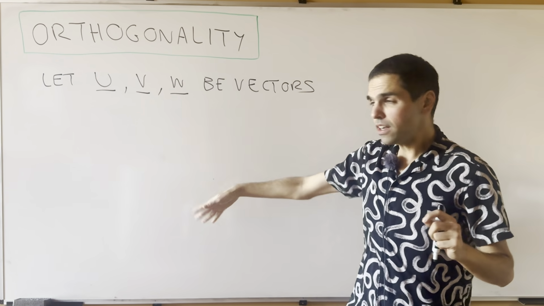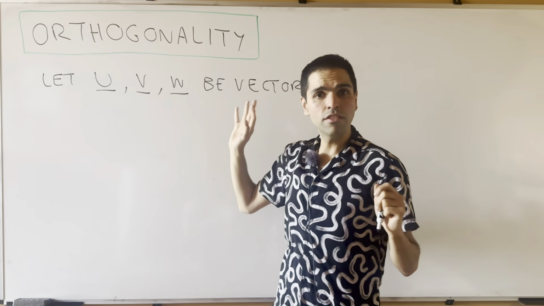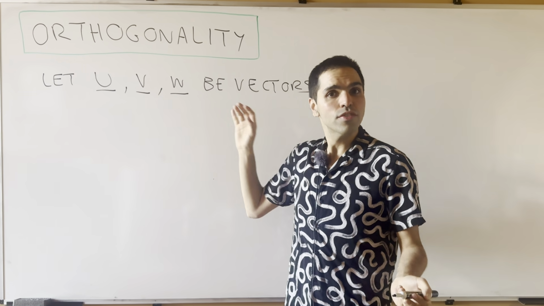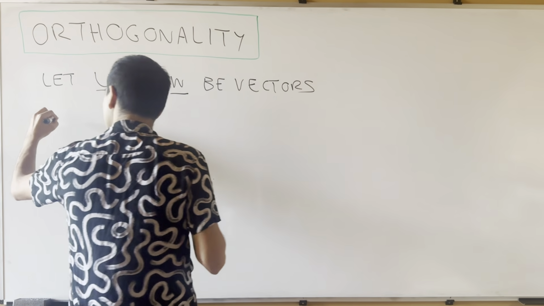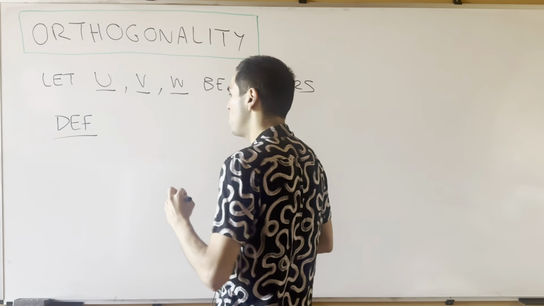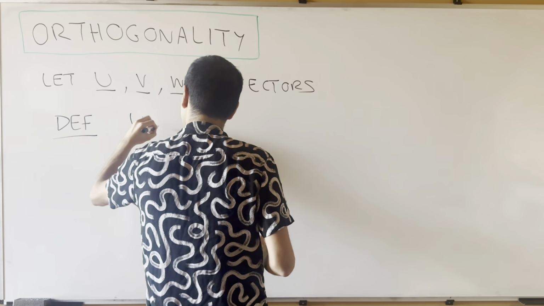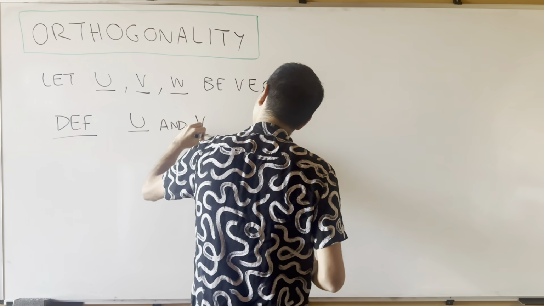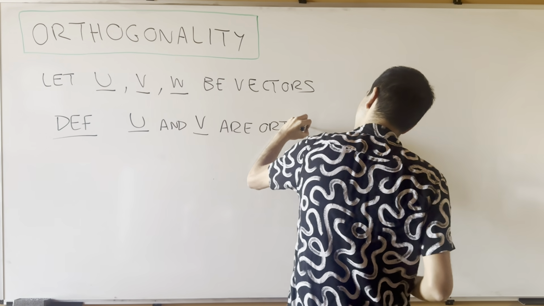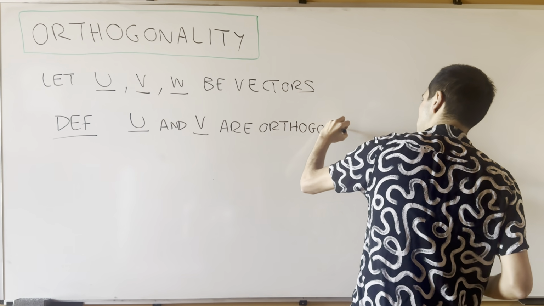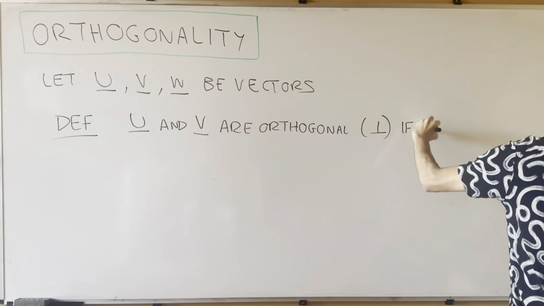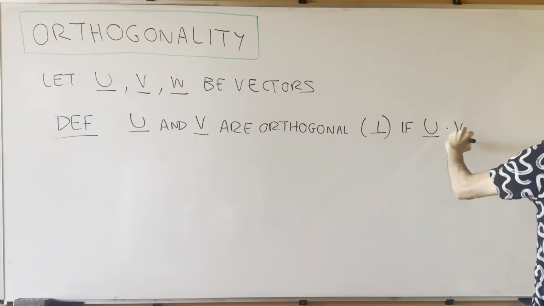And in particular, we say u and v are orthogonal or perpendicular if the dot product is 0. So in other words, a really 1 second way of checking for perpendicularity. u and v are orthogonal or perpendicular if u dotted with v equals 0.